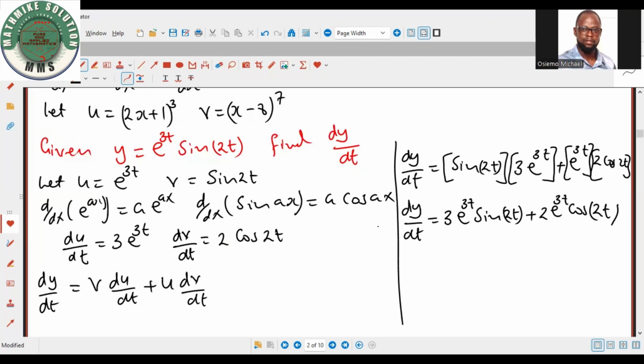You realize that exponential 3t is common, and so we can factorize and have dy dt being equal to exponential 3t into bracket 3 sine 2t plus 2 cos 2t.